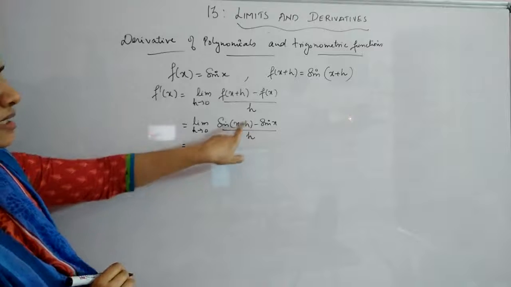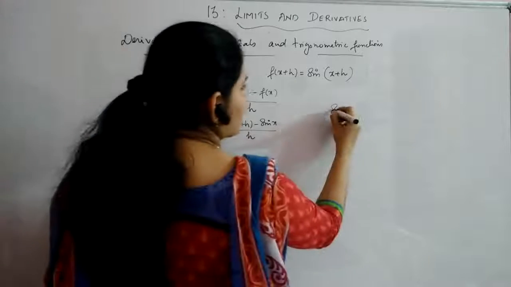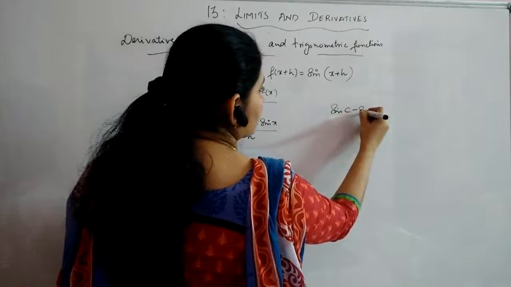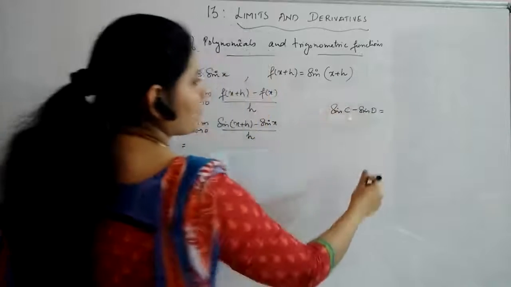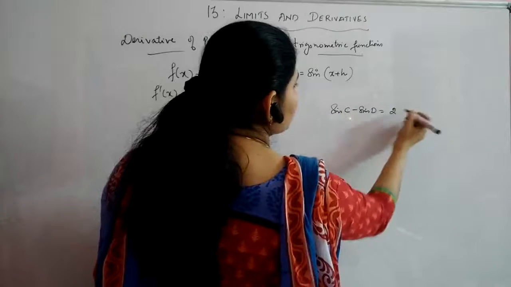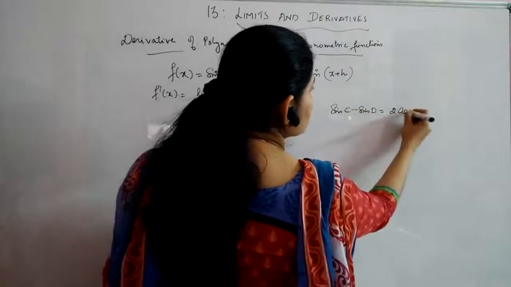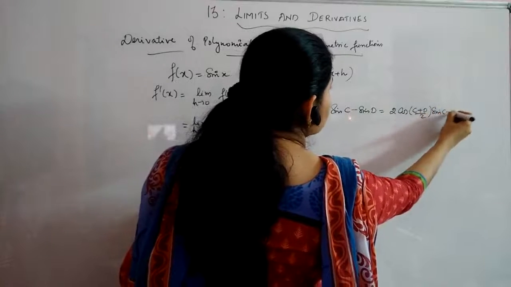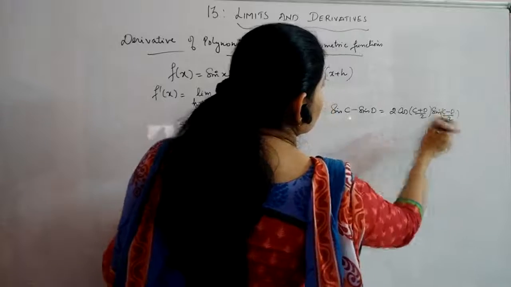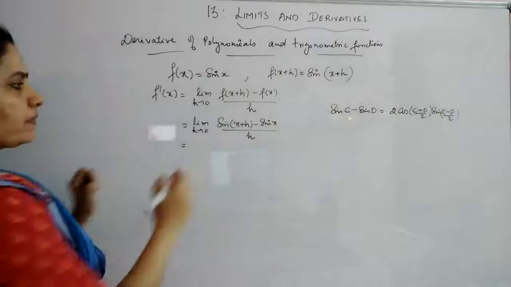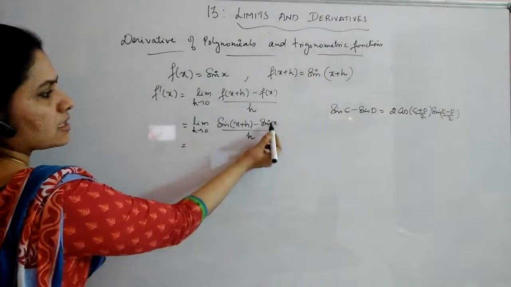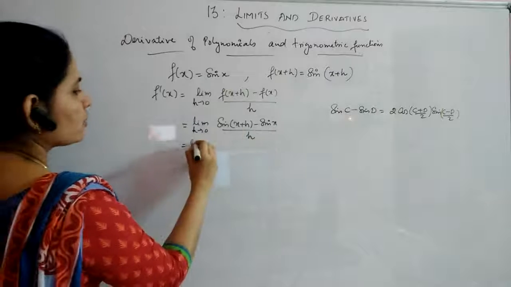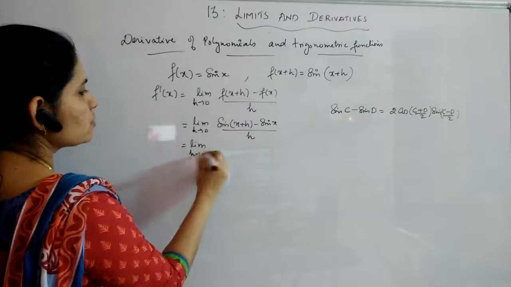Now this is a formula which is sin c minus sin d. You know what it is? If it is subtraction, you will have 2 cos c plus d by 2 sin c minus d by 2. That is what we are applying here. So this is your c, this is your d. Apply and what you will get? Limit h tends to 0.